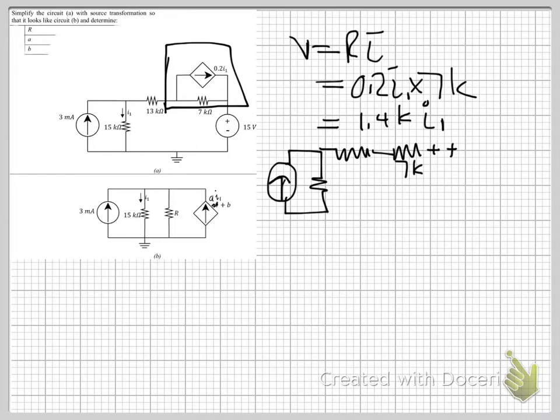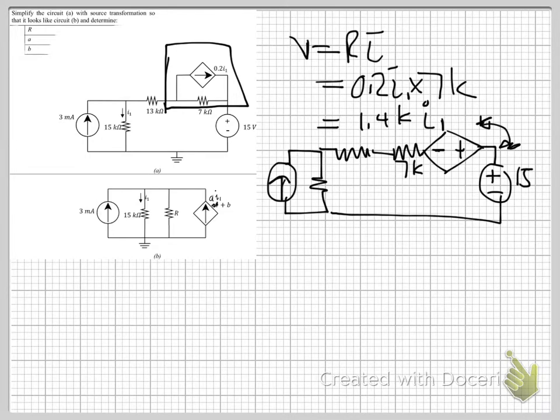It's plus on that side, minus on the other, and that's your 15. Okay, so now you are going to combine these two together, your dependent source and your voltage source.